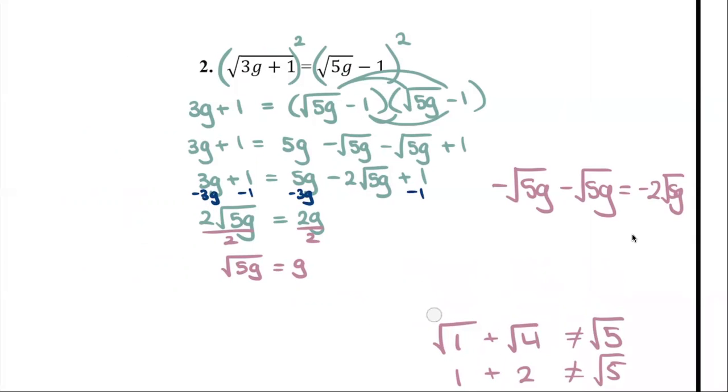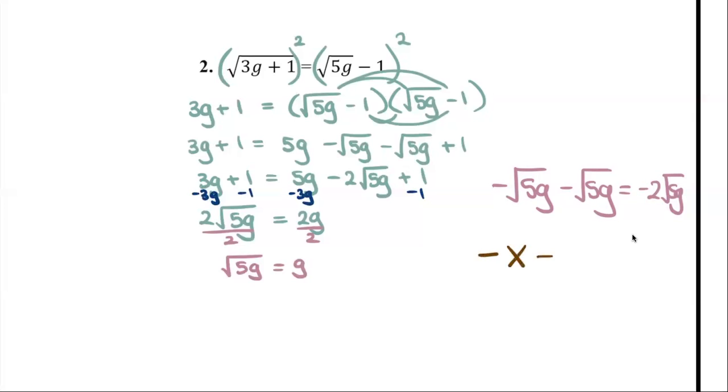How I like to think of that: if I have negative x minus x, that's equal to negative 2x, right? So negative something minus the same thing gets me negative 2 of that thing. Okay, that makes sense. Good questions.